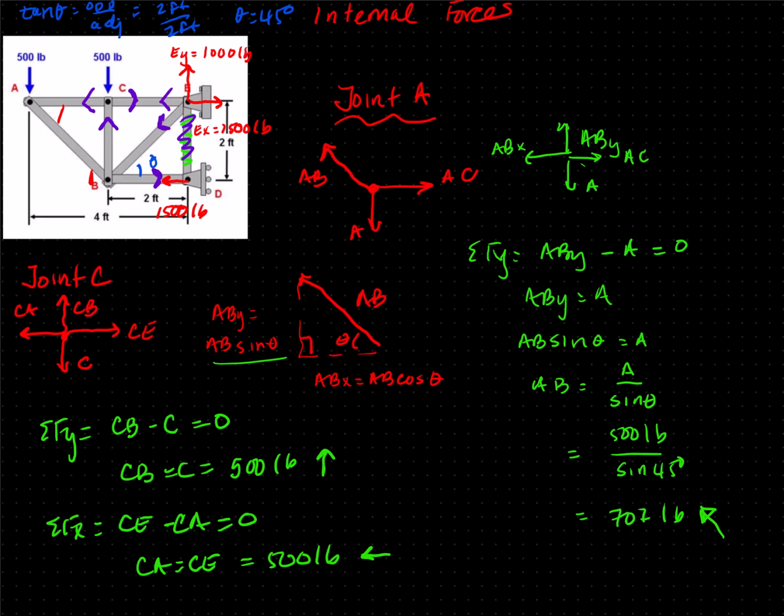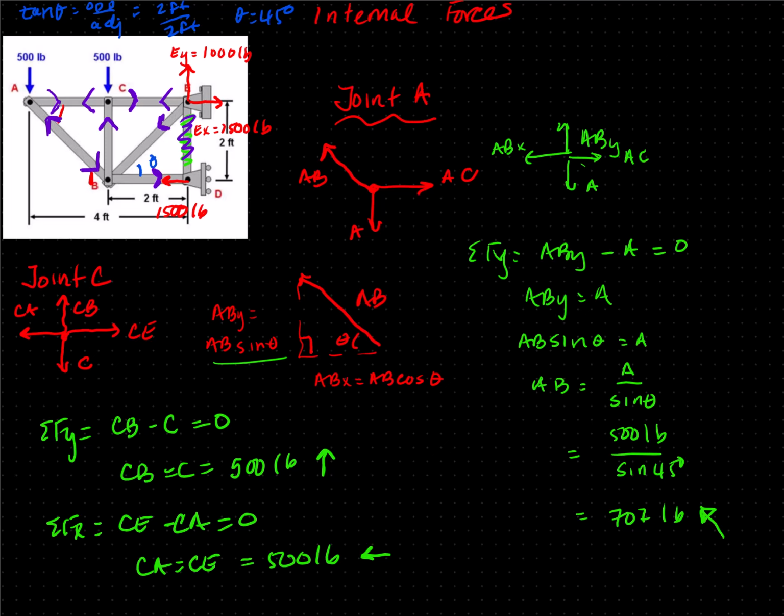So now I'm going to go in and put in the directions. So at joint A, AC will go to the right to oppose CA from joint C. We calculated AB going northwest. So at B, it's going to go southeast.